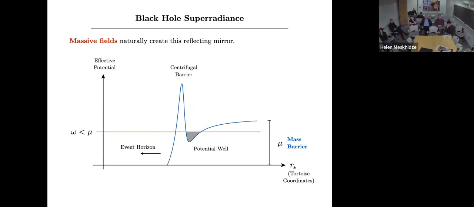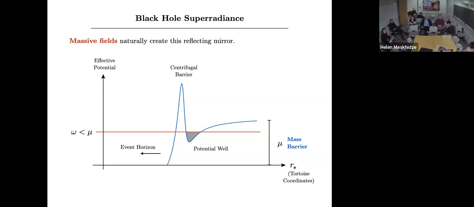of a reflecting mirror. So if you plot the effective potential of the black hole, where in this direction we move towards the event horizon and in this direction we head towards large distances, you would see that in the presence of a massive boson with mass mu, the potential is raised. There's a DC offset in the effective potential that levels up at a height that's precisely given by the mass of the boson field.